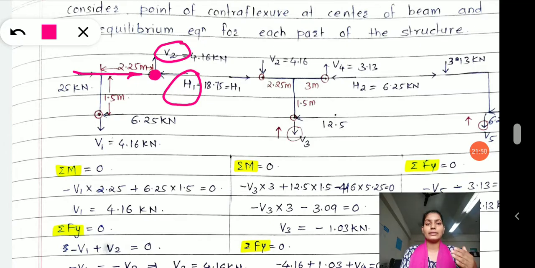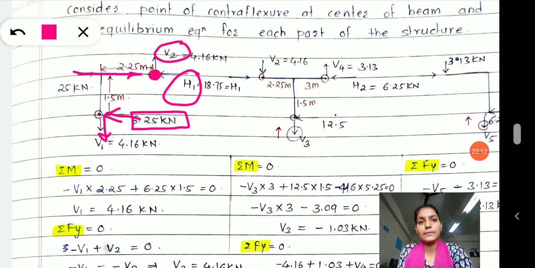Because a force which passes through the point where we are calculating the moment will not develop any moment, since the force distance will be 0; they are just passing through it. Now which forces will develop the moment? The moment will be developed by the horizontal force 6.25 kilonewton and the vertical force 4.16 kilonewton. So these are the two forces which will create a moment at my point, which I have shown you in the diagram.